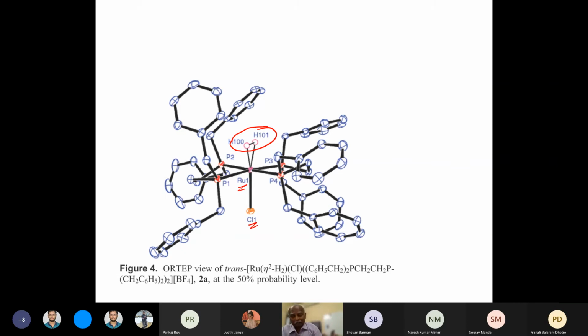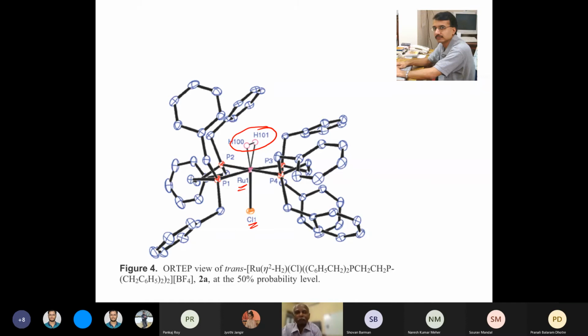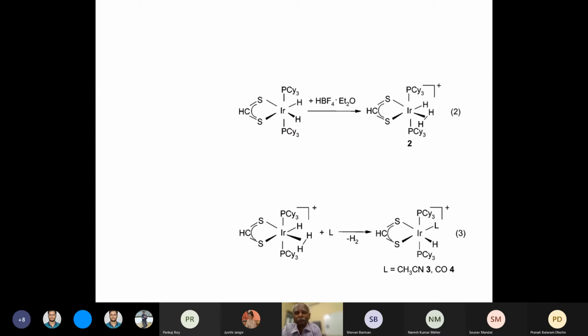This is again now a d6 system, right? So it has no problems in forming this. This was in fact done by Professor Jagirdar in our department. So that's why I just copy pasted from the paper. So these are complexes which they characterized, I think, sometime in the late 90s.